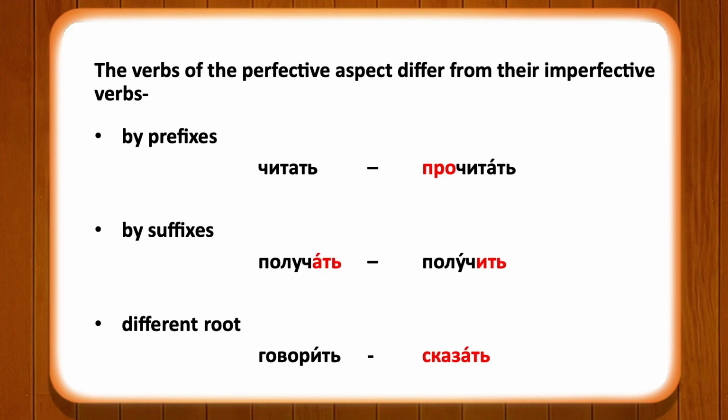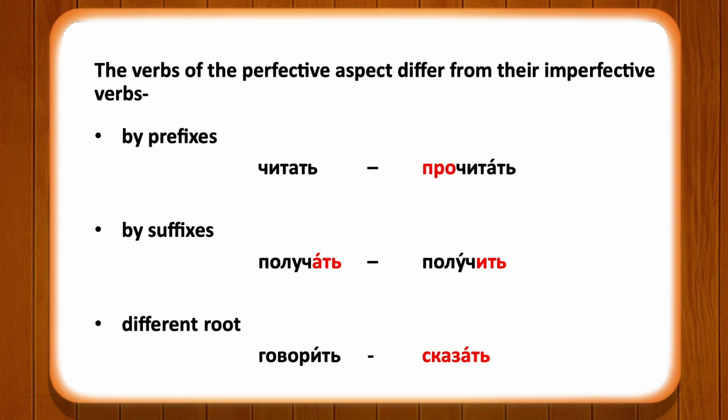The verb of the perfective aspect differ from their imperfective aspect also by suffixes. Suffixes are affixes which are placed after the word, at the end of the word, or in our case it is the verb.